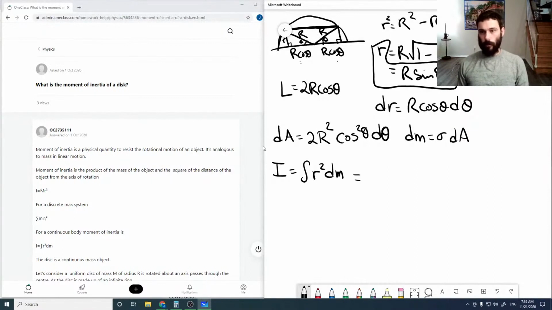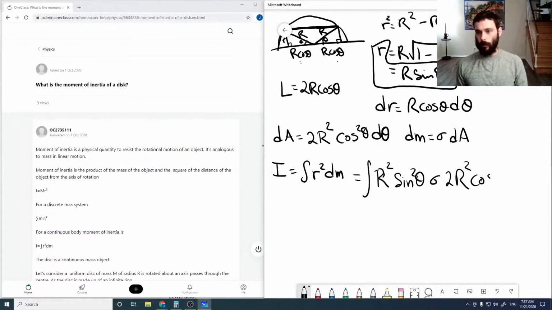So our r is just R sine theta, so there's going to be R to the fourth. Actually, I might as well just do everything explicitly. So r squared sine squared theta for the r squared, and then our dm is sigma times 2R squared cos squared theta d theta. And our d theta integral is going to go from 0 to pi over 2.